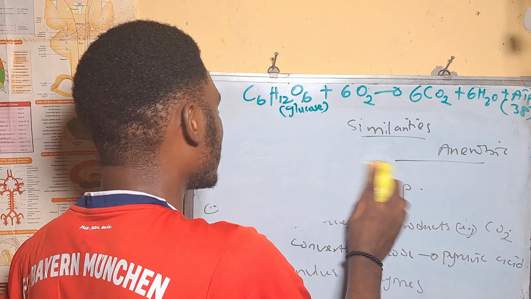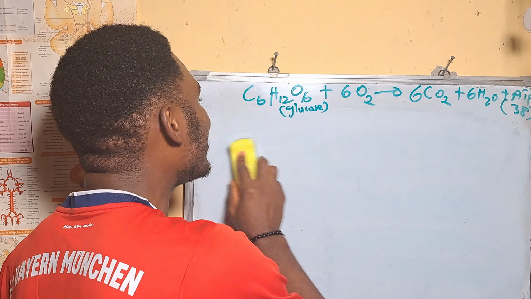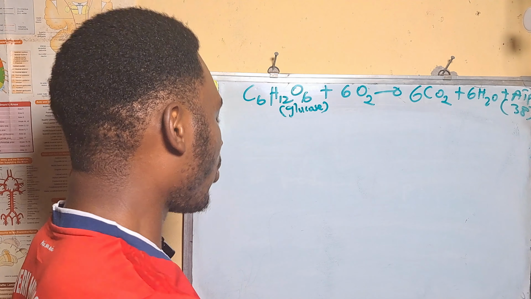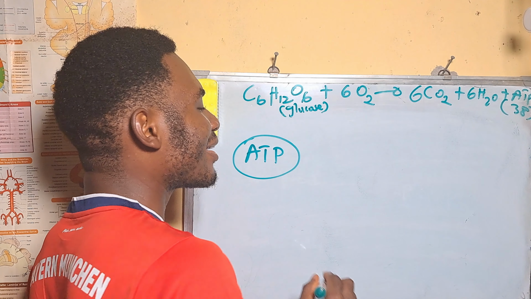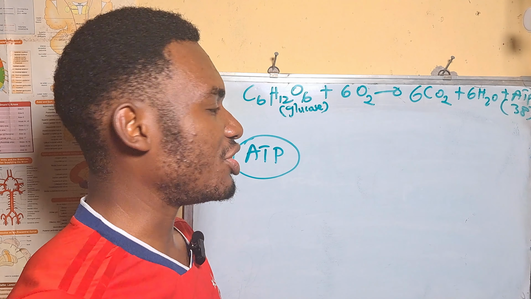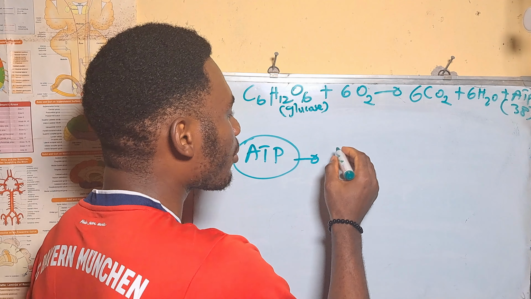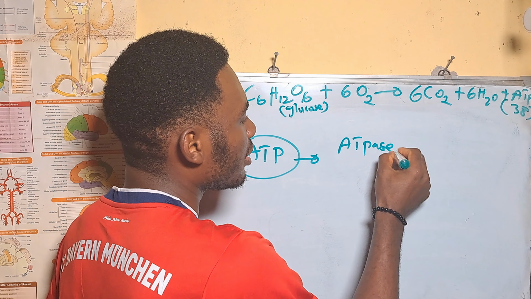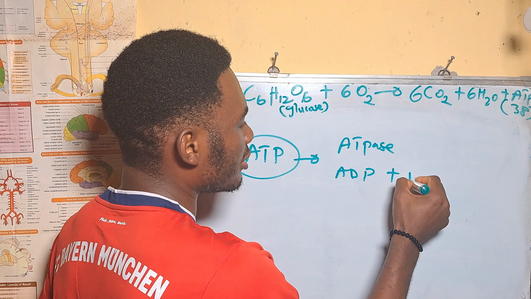But one thing is important. The most important thing that is common here is that these two steps provide ATP for the cell. And once this ATP is formed, it can provide the major energy for the body cells, because an enzyme called ATPase can degrade this ATP to ADP and Pi.